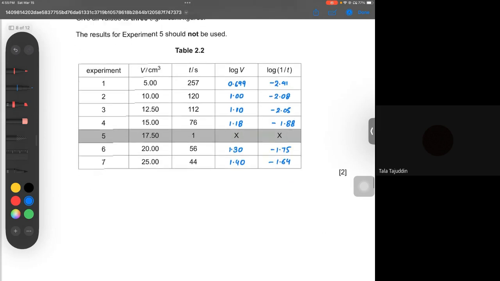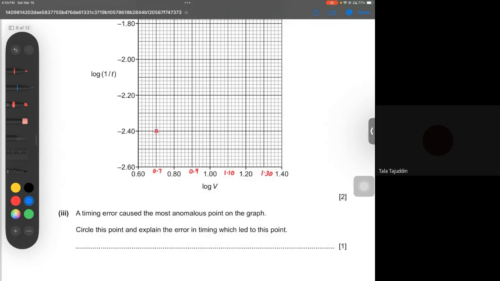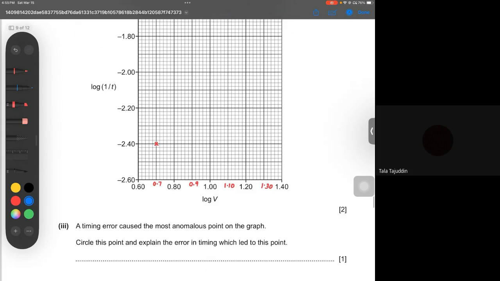Negative 2.08 and then 1. 1 is this, and negative 2.08. So let me describe other points. If this is 2.60, so this would be 2.40.